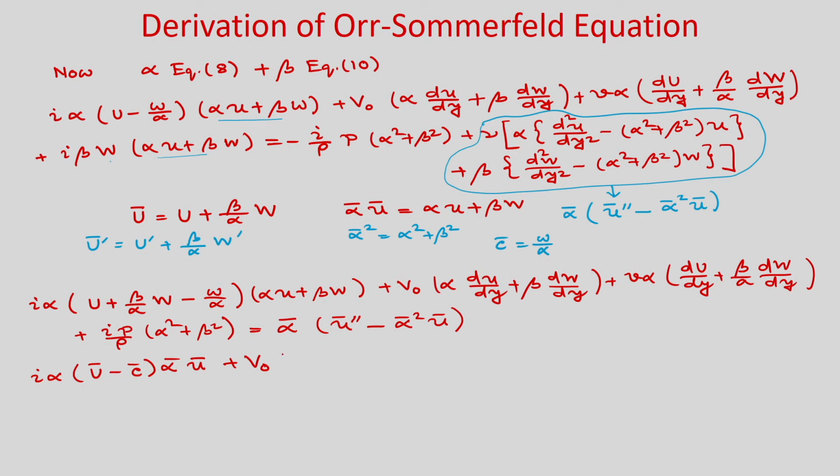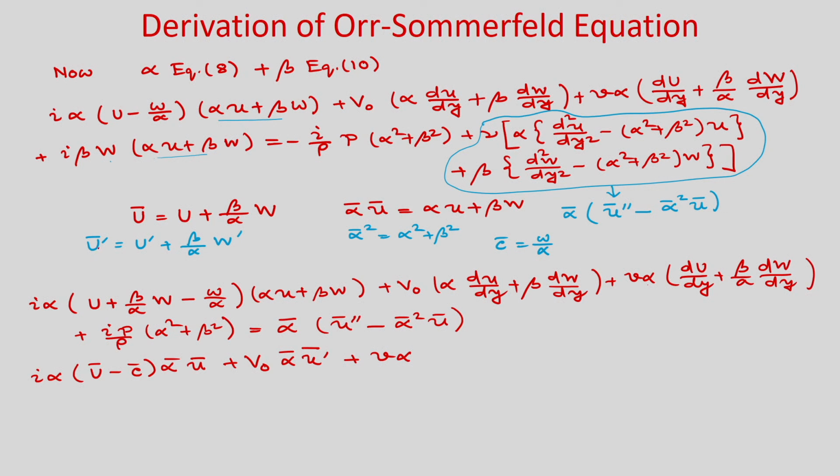So, from here we are writing alpha bar u prime bar. So, u prime is the derivative, okay, du bar by dy, and then this term. So, it will be v alpha, and this you can see from here.